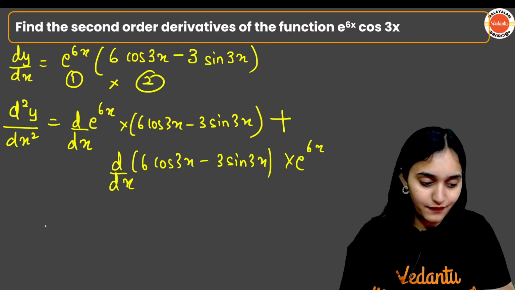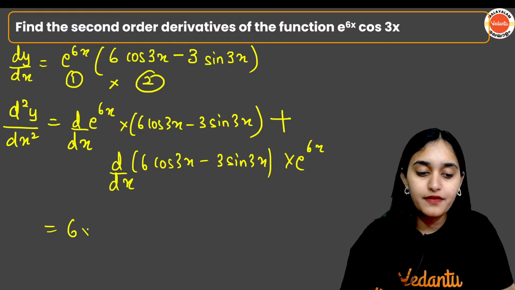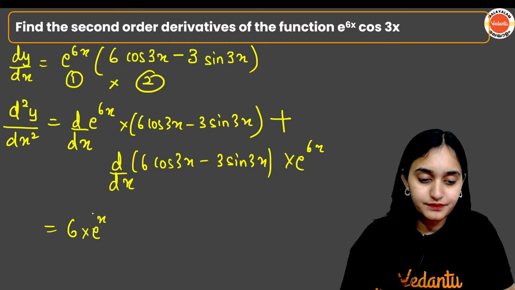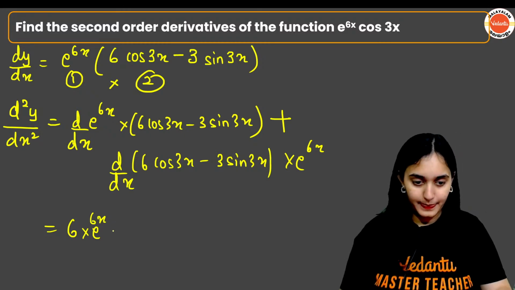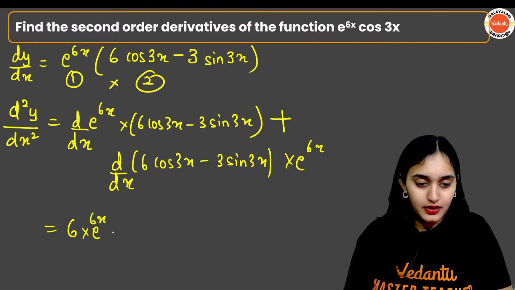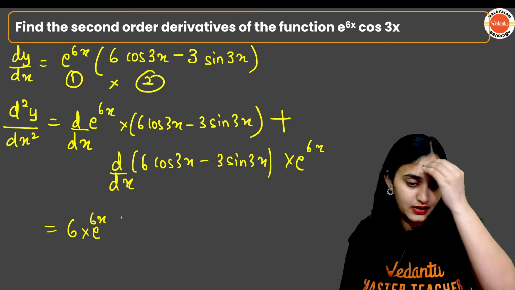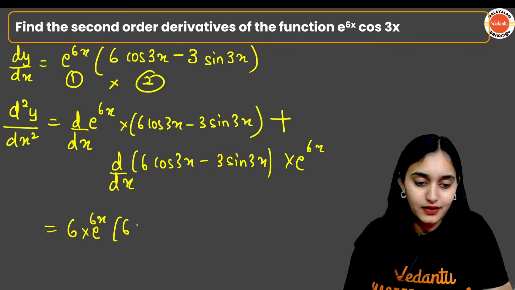Now quickly let's differentiate. E to the power 6x differentiation is 6 times e to the power 6x, and we can directly leave it, we'll open the bracket later on.